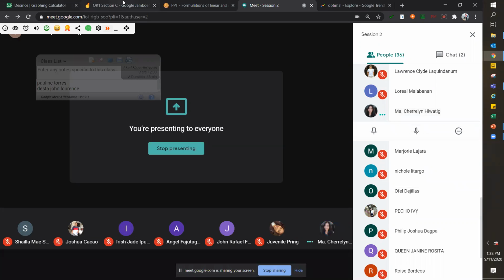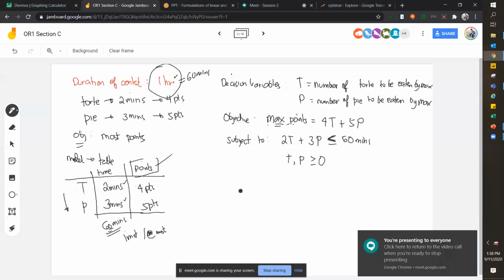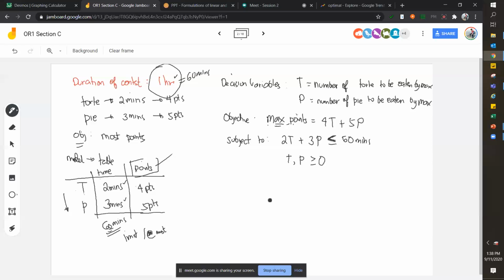Yep, can you recommend ilang torte, ilang pie yung dapat kainin ni Max? Again, for now, trial and error lang tayo. Pero let's see, let's validate kung ano yung recommendation mo.